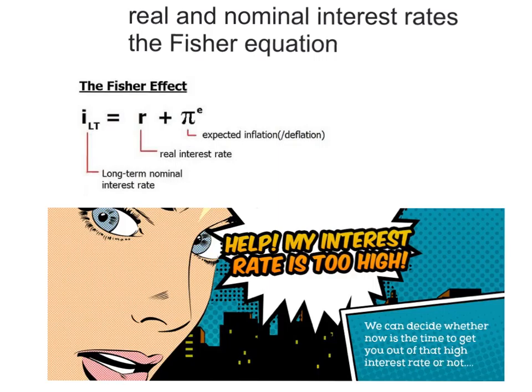So when you go to borrow money, you are paying small r, a real interest rate, a real return to the lender, and you are also paying them pi e, an adjustment factor for inflation.